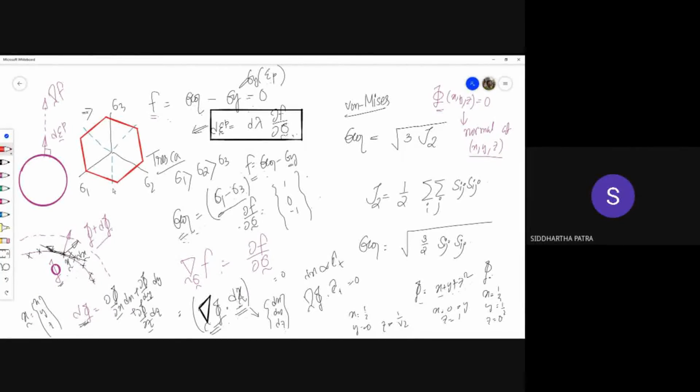This vertex should be on this line, as seen from the deviatoric plane or the octahedral plane. Look at this line.